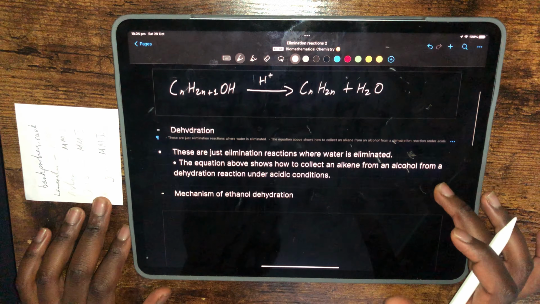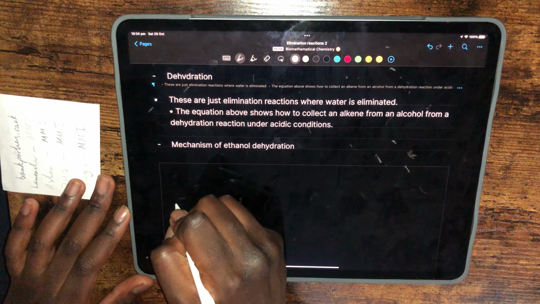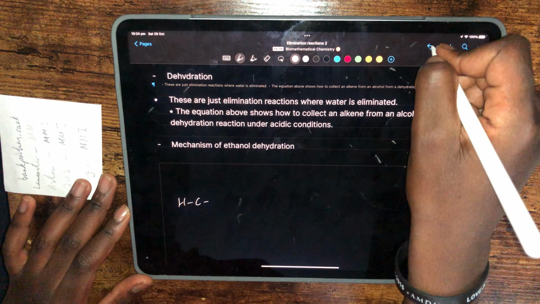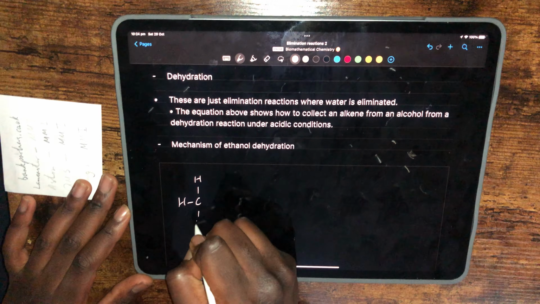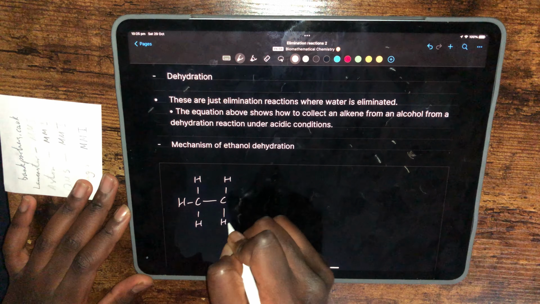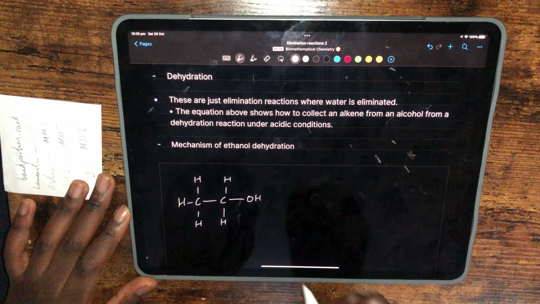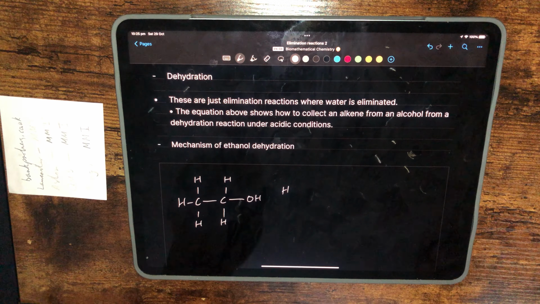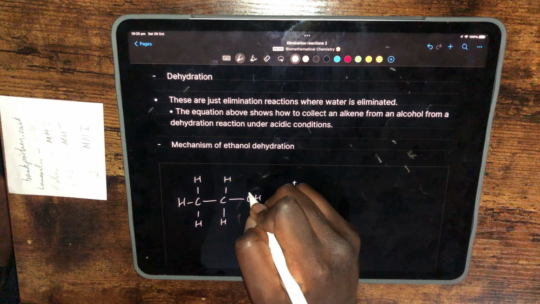So the mechanism for an ethanol dehydration reaction. If we have ethanol, you have your acid catalyst, for example sulfuric acid, and your ethanol actually acts as a nucleophile.